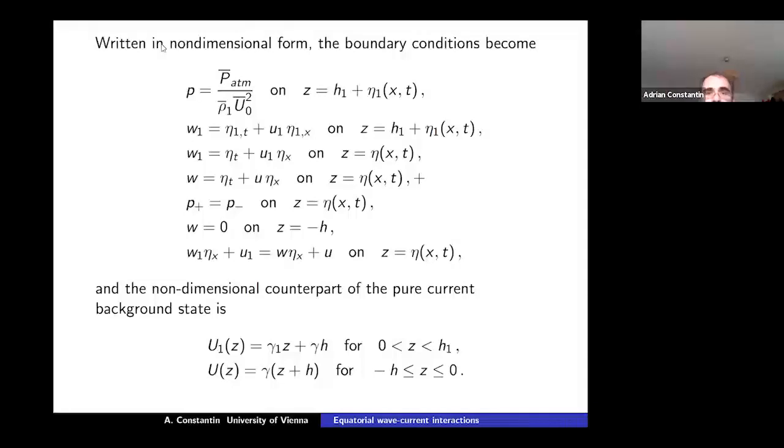There is a plus here that's an error, that's a typo. This is because I split into W1 and U1 and W and U, I write it twice, but the velocity field is continuous. So the third and fourth equation are basically the same. The pressure has to extend continuously between the two layers. Deep down, there is no inflow or outflow.